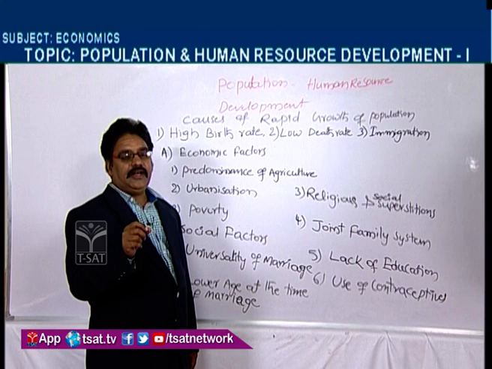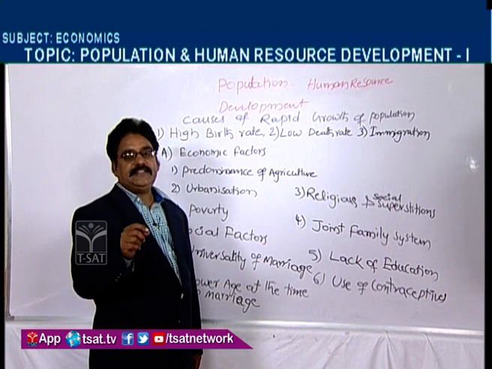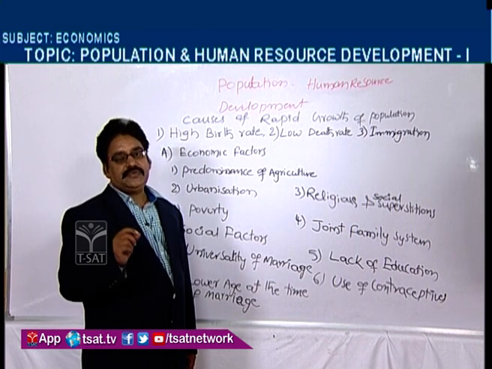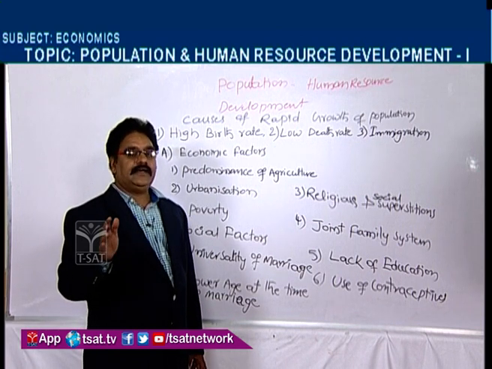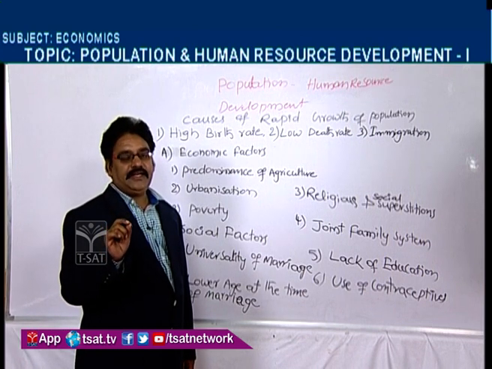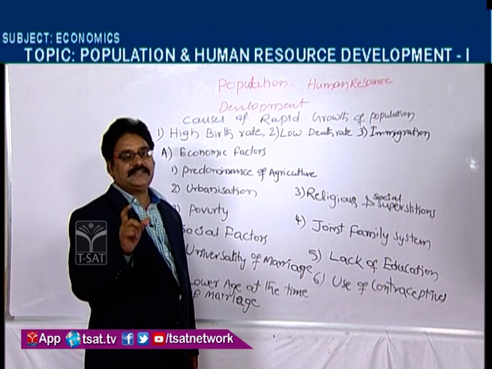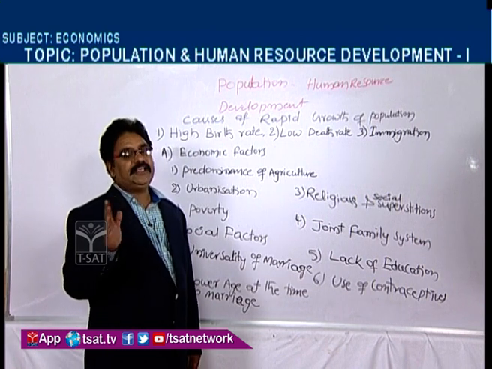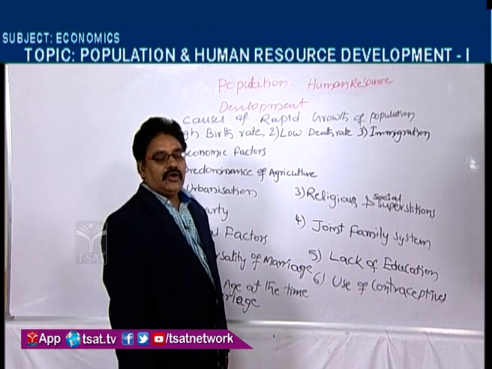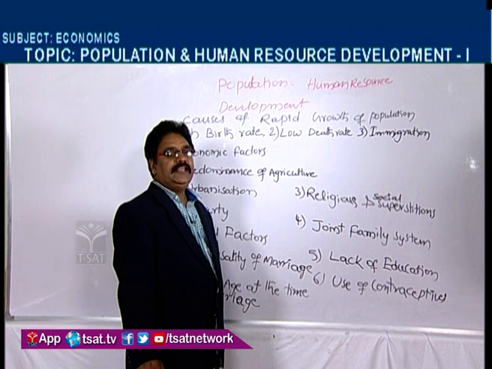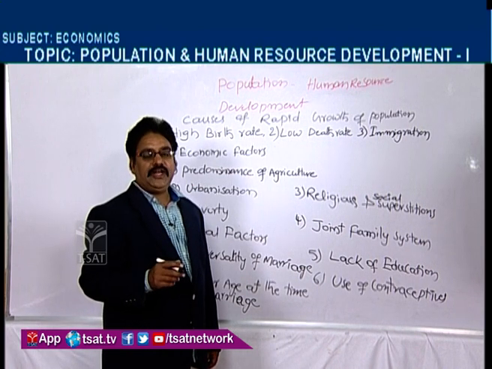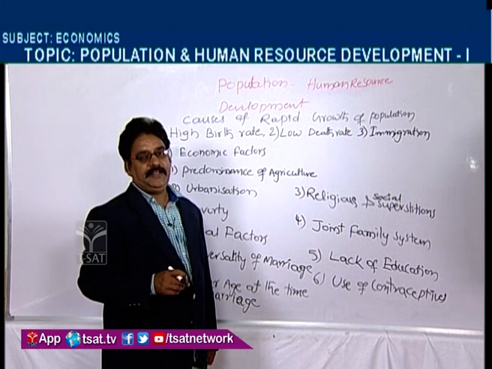In 1921, the population is 25 crores 1 lakh. Slowly the population started increasing from 1921 onwards. That's why 1921 is treated as the Great Dividing Year in Indian population history.